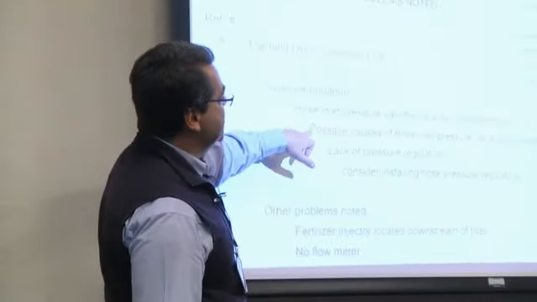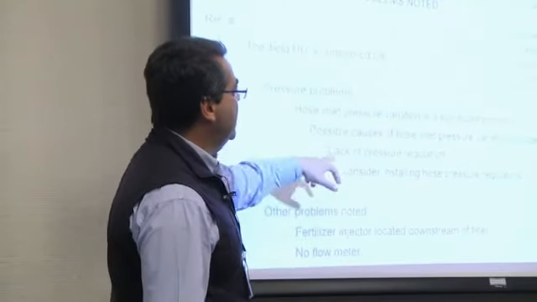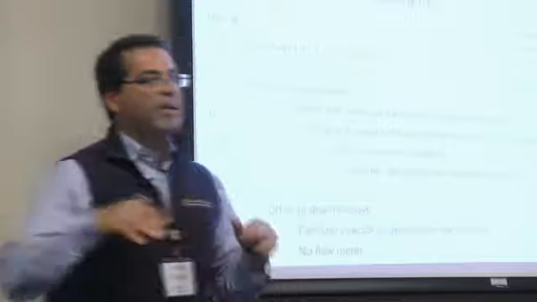Let's say hose inlet pressure variation is a significant problem. Possible causes are lack of pressure regulation, and so on. So you also get a sense of the problems the crew noticed in your field and how to correct them. One of the most typical causes of a poor system DU is emitter clogging.